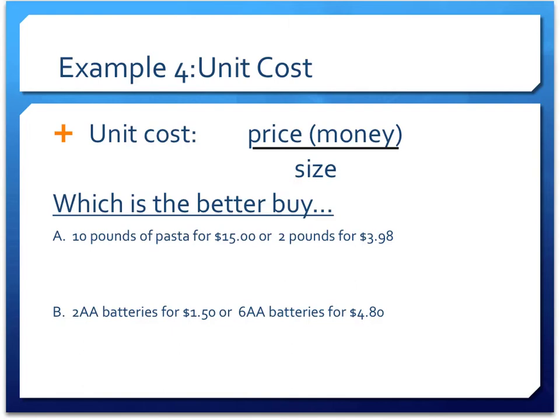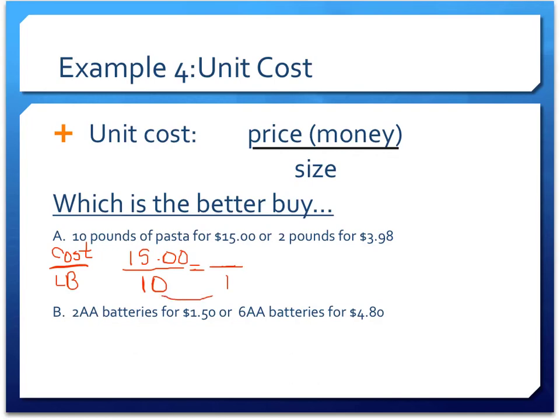So I'm going to set it up as a unit rate, and again, with rates, we're going to compare 2 things. So we want to find what is the cost, in this case, per pound. So we can start out by saying, well, I know that $15 is going to buy 10 pounds of pasta. To find the unit rate, I want to find out how much does 1 pound of pasta cost?